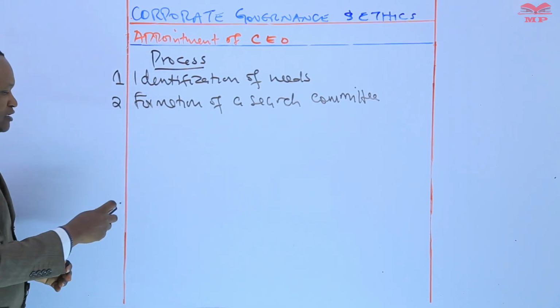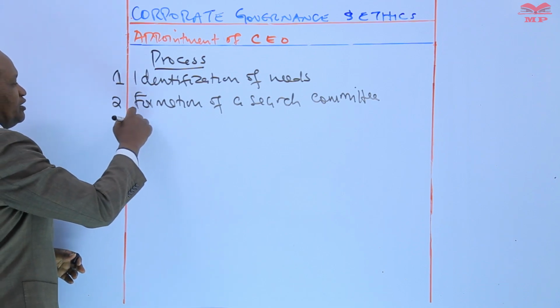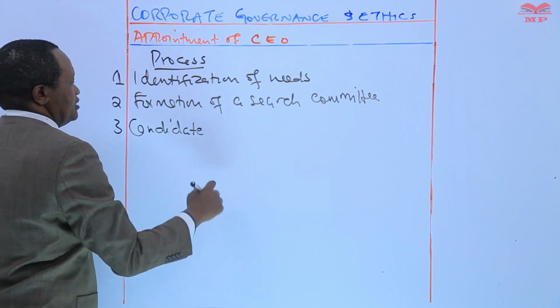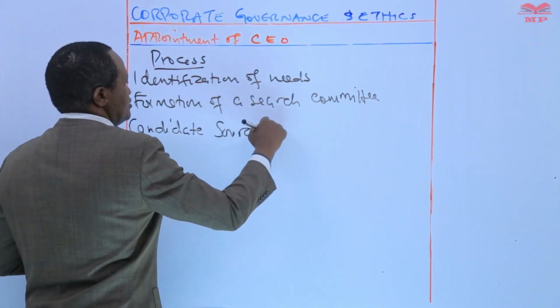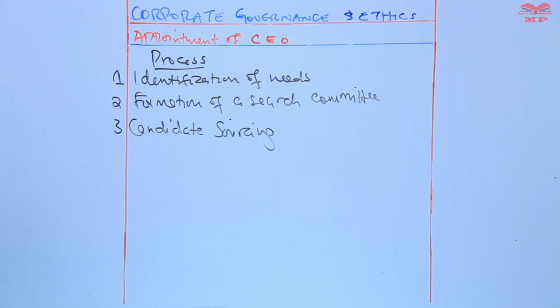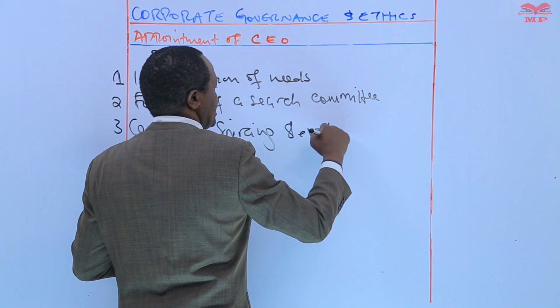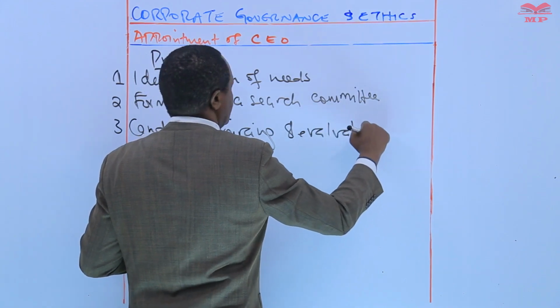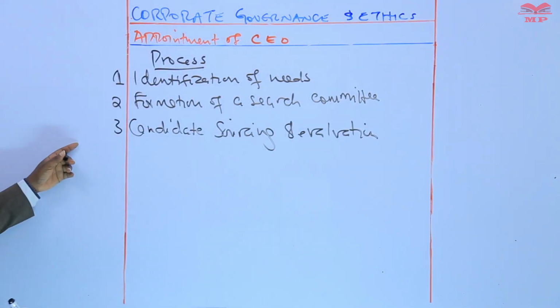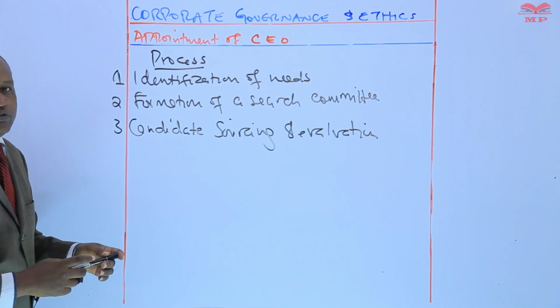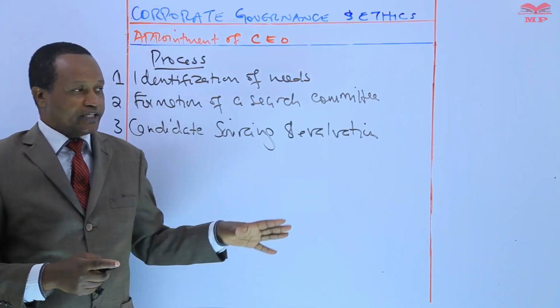After that, number three, we have candidate searching or sourcing. Sourcing of candidates and evaluation. Various candidates are sourced and evaluated. The committee develops a comprehensive search strategy to identify both internal and external candidates, and that may involve networking.